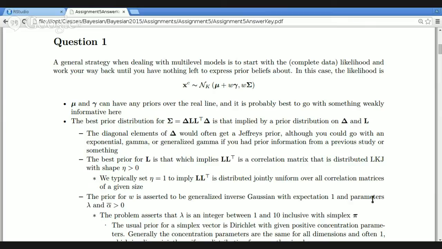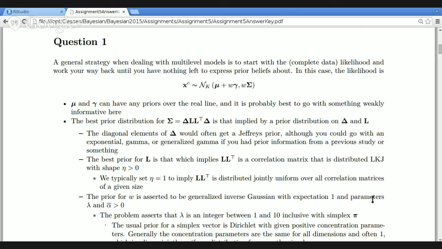That's going to have a shape parameter eta, which pushes back the question of what to choose for eta. And typically, if you don't have any other information about the problem, you would set eta equal to 1. And that implies that L times L transpose is a correlation matrix that's distributed jointly uniform among correlation matrices of size K.